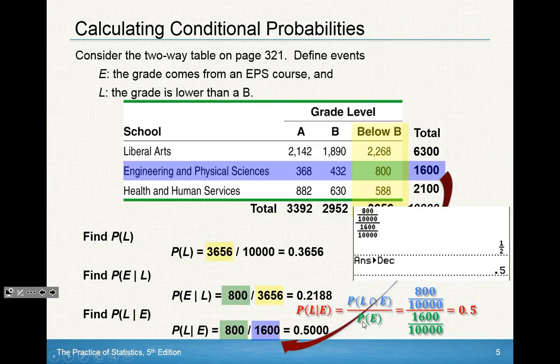Instead of dividing by the probability of L, now we're dividing by the probability of E. Remember that E is that you're in the EPS course. So for all the students, the probability that you're in the EPS course is 1,600 out of 10,000. I took this fraction and plugged it in up here in my calculator, and you can see that it does match the answer they gave us of 0.5. Okay.